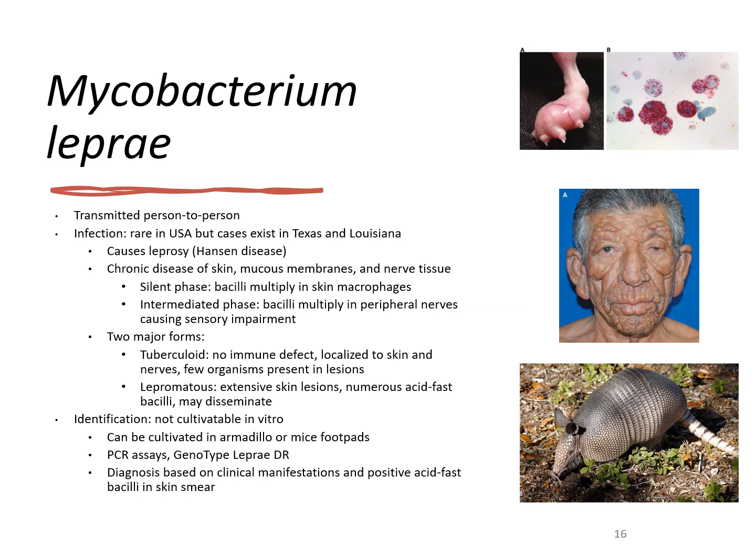Then you have the more common form, which we associate with leprosy, which causes extensive skin lesions, with numerous acid-fast bacilli within those cells. With this organism, it cannot be cultivated, so you cannot grow this one in the lab, or rather, you cannot grow it on culture media.